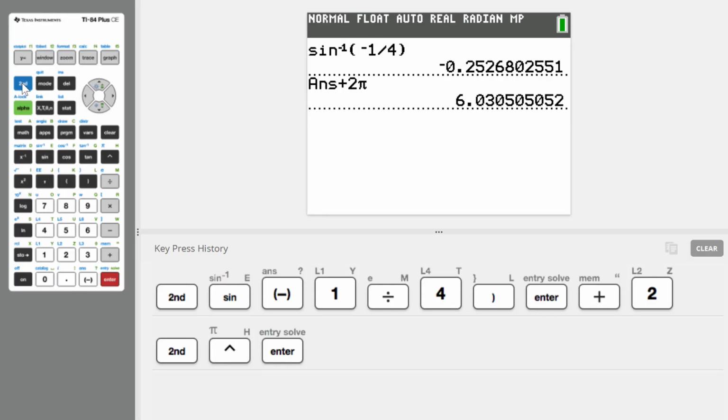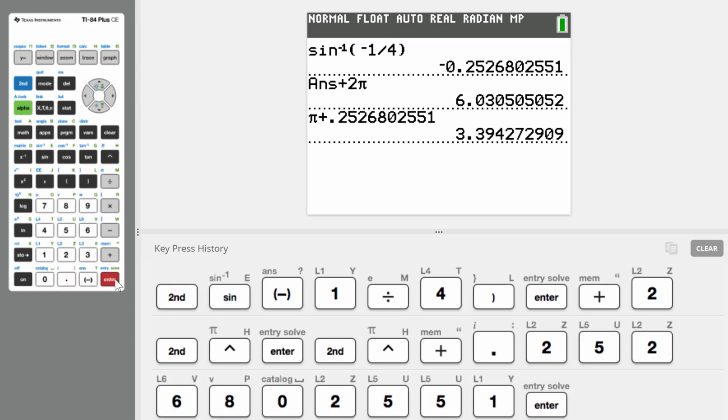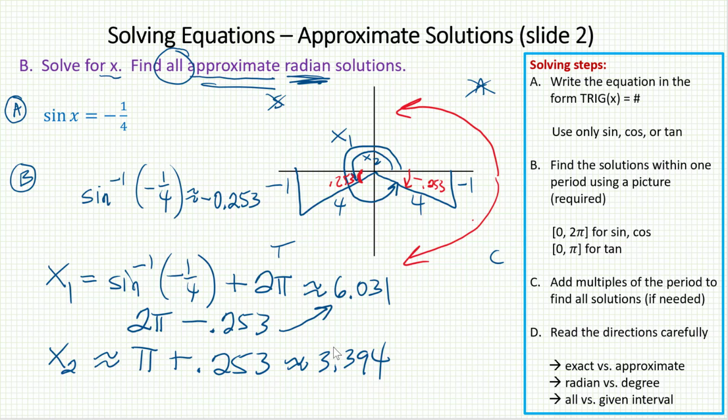So on the calculator, I will type pi plus that 0.25268 number. I want to type in a whole bunch of digits so I'm not rounding in the middle. And I get 3.394 radians.